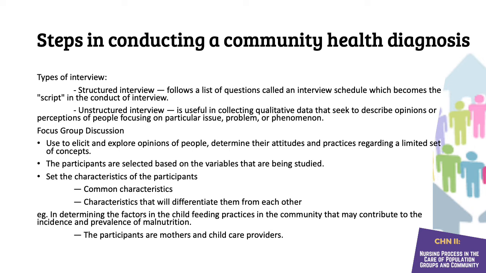So, what characteristics do we set for participants in the focus group discussion? If they have common characteristics, or characteristics that will differentiate them from others. An example is in determining the factors of child feeding practice in the community. Whom we will ask are the mothers or the child care providers.